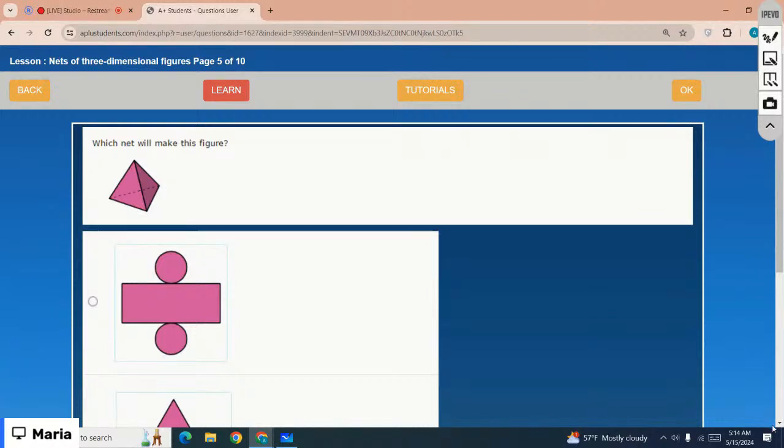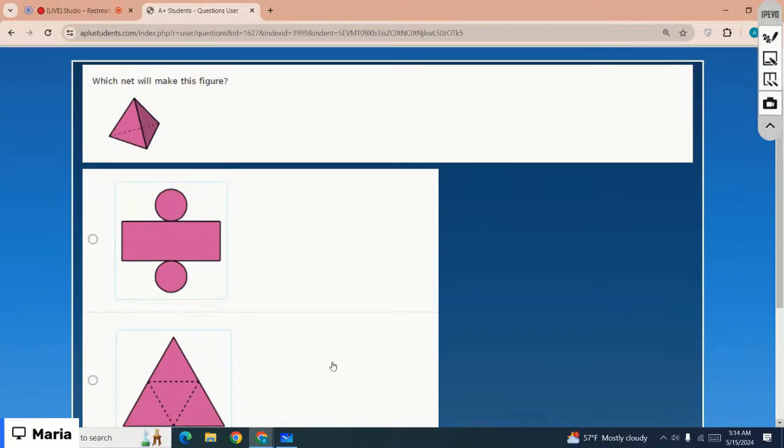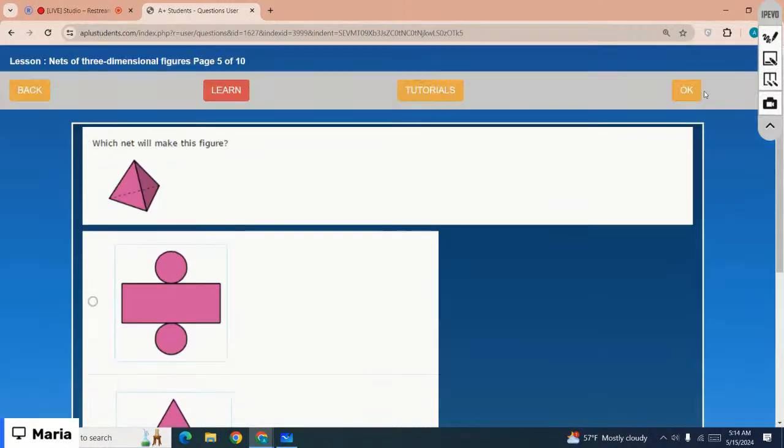Which net will make this figure? That's option number 2, the correct option, right?